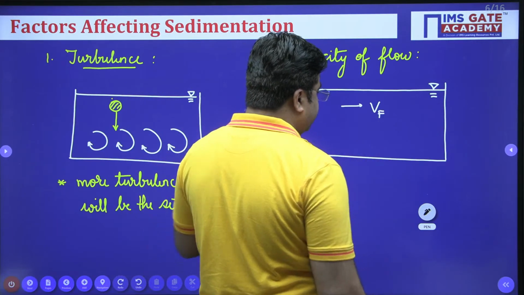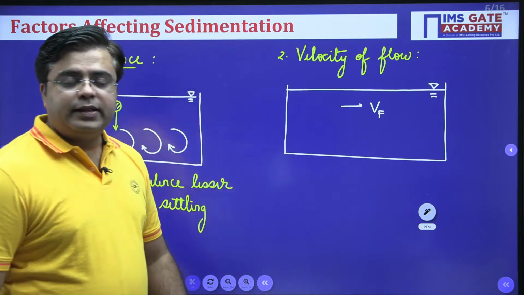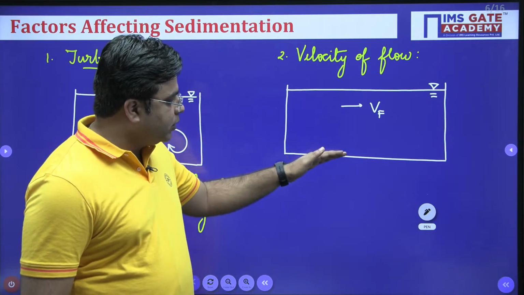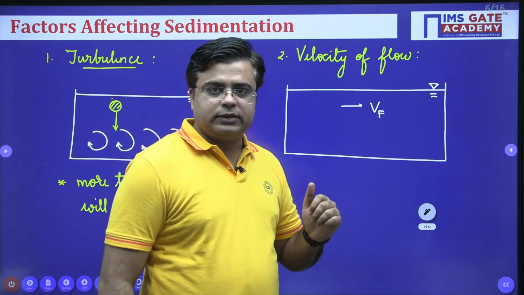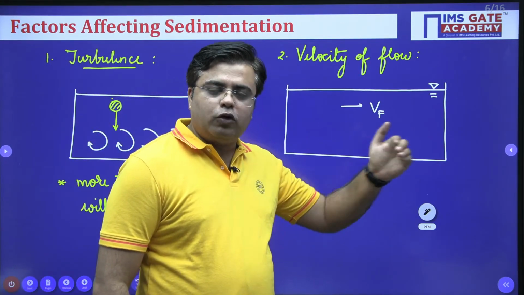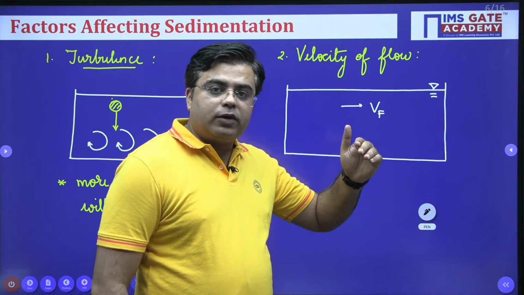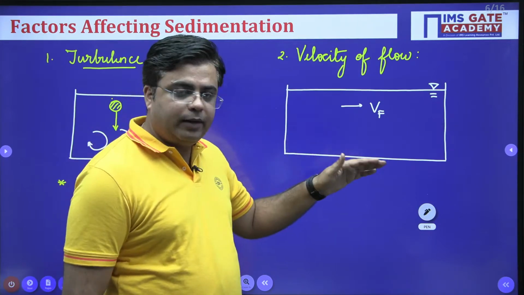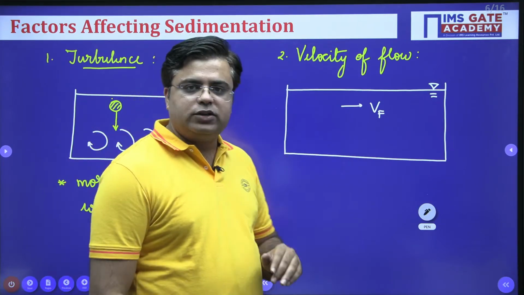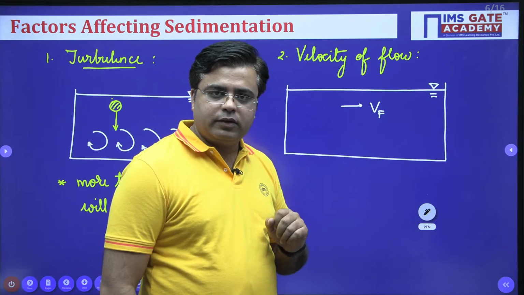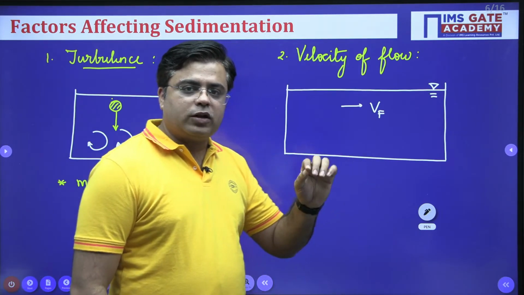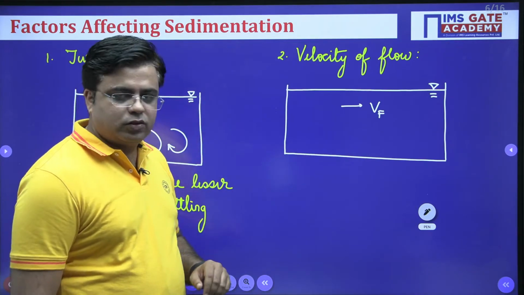If velocity of flow is more, then the time available with these solids to reach the bottom of the settling tank is less. So if velocity of flow is more, a number of solids will stay in suspension because they do not have enough time to reach the bottom of the settling zone. This is one reason, right? If velocity of flow is more, available time is less for the solids to reach the bottom of the settling zone.